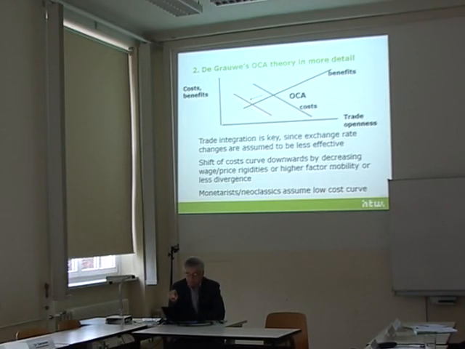The benefits curve is beyond the intersection point, higher than the cost curve. So this is the area of OCA. And to the left of this intersection point, it is a suboptimal currency area. And if you believe that exchange rates are not really necessary, that the market system leads to convergence and not or very little divergence, then the cost curve is quite low, so it might be the red falling line.